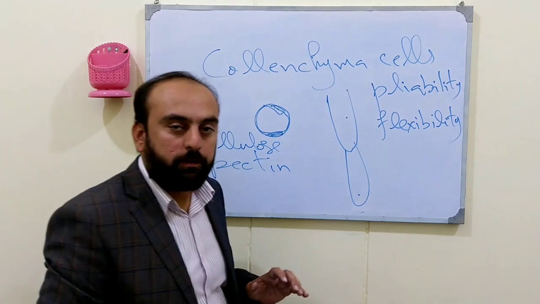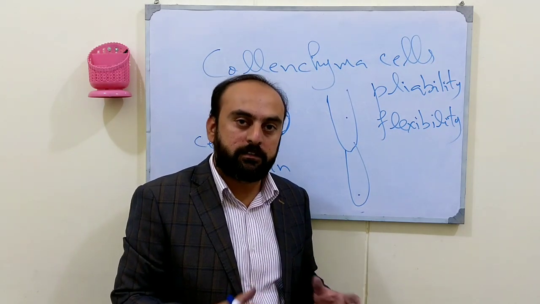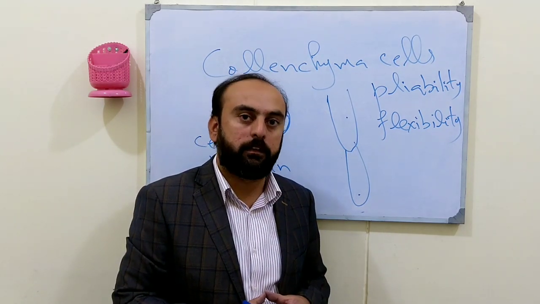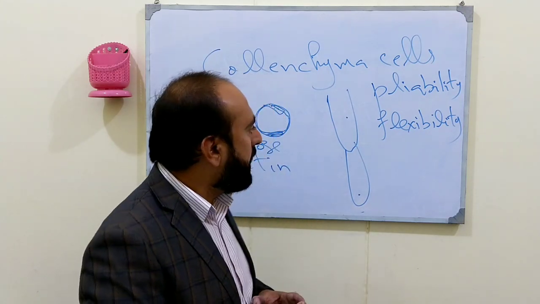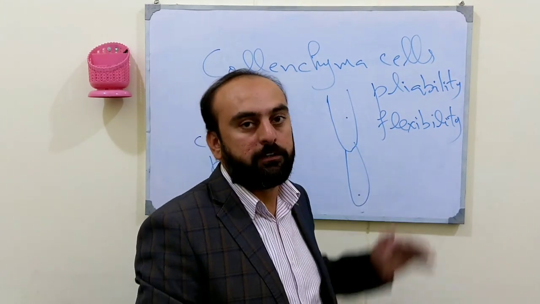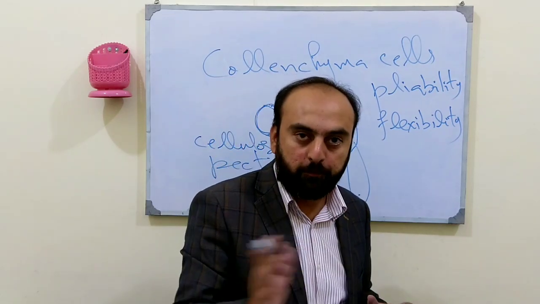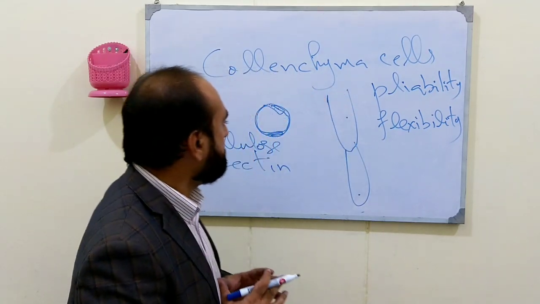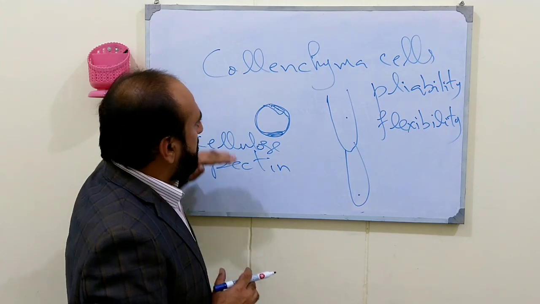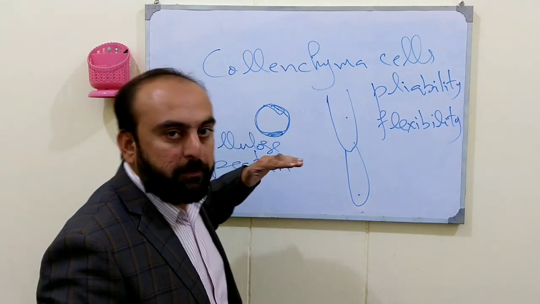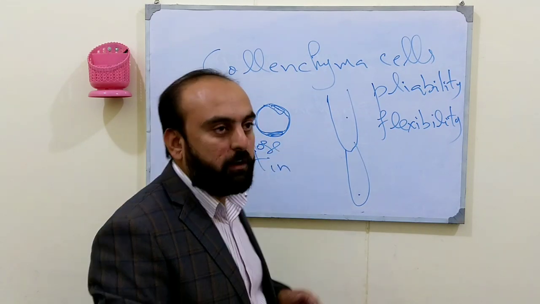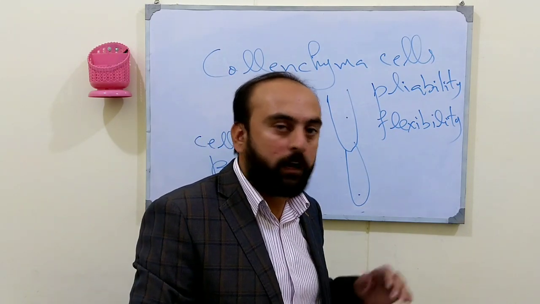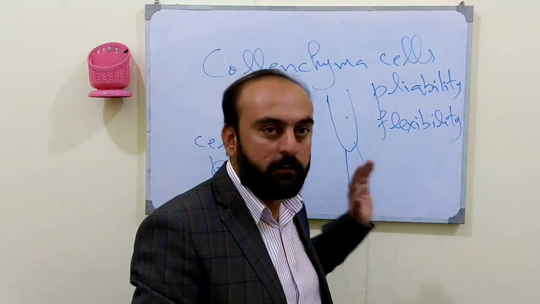So they are found in plant parts like young stems, in leaves, veins, or in flowers, and give flexibility to the plant so that they can move around. So collenchyma cells are similar to parenchyma cells, but their cell walls are thickened, uneven, and their cells are elongated.